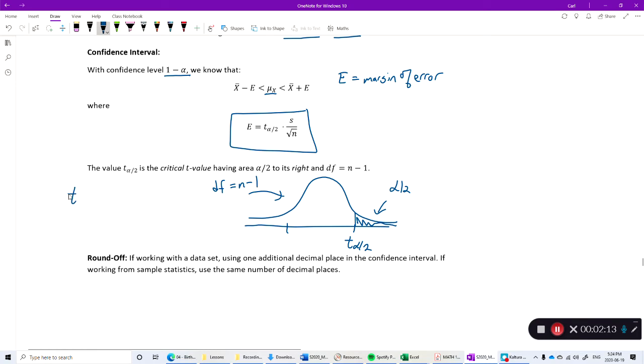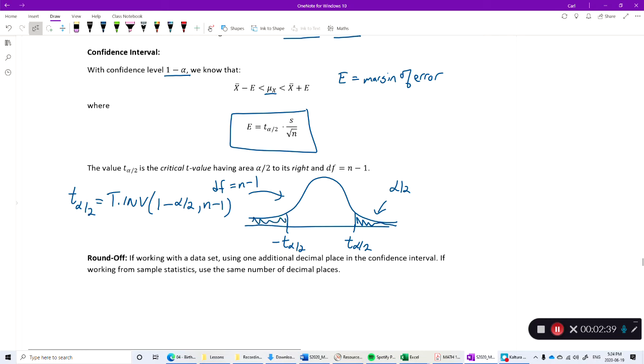We calculate it using either a table, there are tables in your book, which is the old-fashioned way, or we can use something like Excel or other tools. In Excel, it's going to be 1 minus alpha over 2, n minus 1. Then this value is the same, it's just negative.